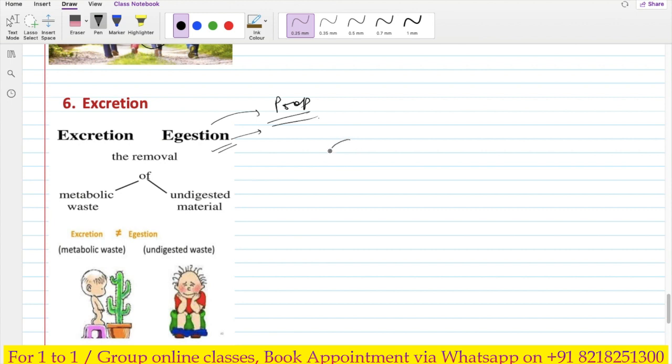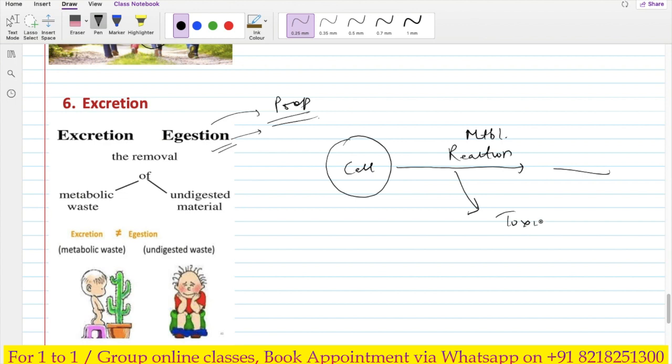As I told you, in a cell in our body, if any metabolic reaction is happening, I'll explain what a metabolic reaction is, and any product is forming, in the process it releases some toxic substances.